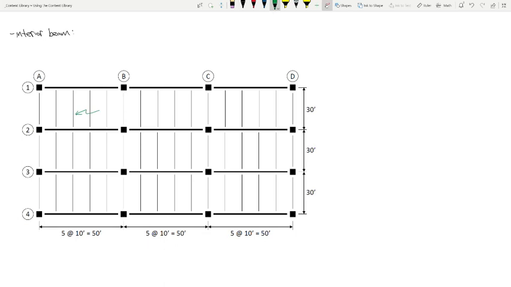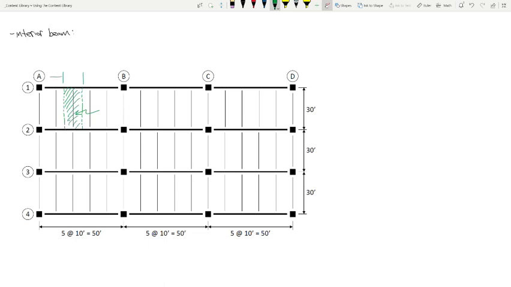And the tributary width, or the tributary area, is going to be halfway over. So this is the tributary area.